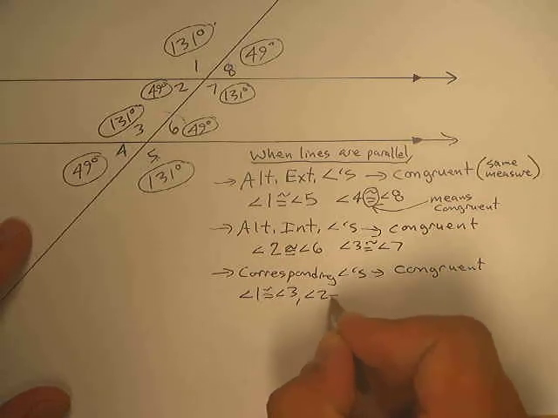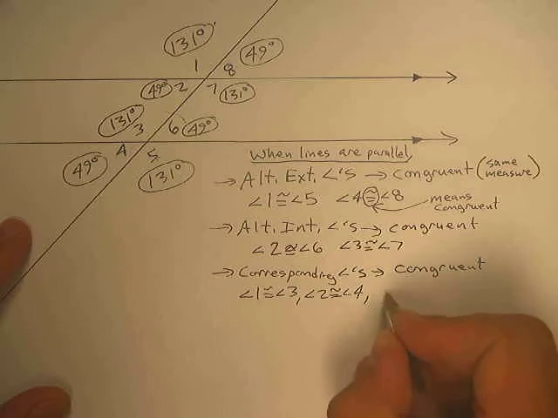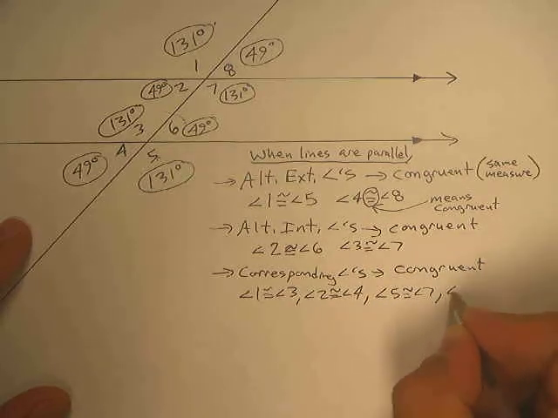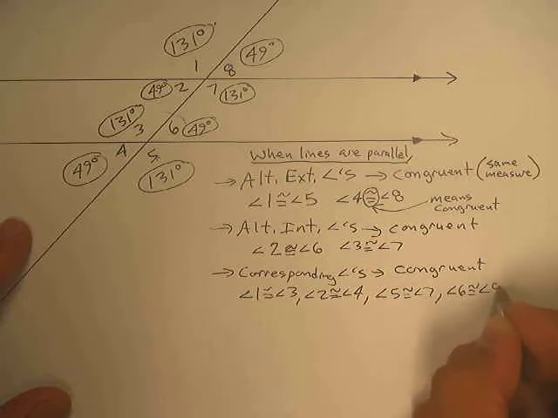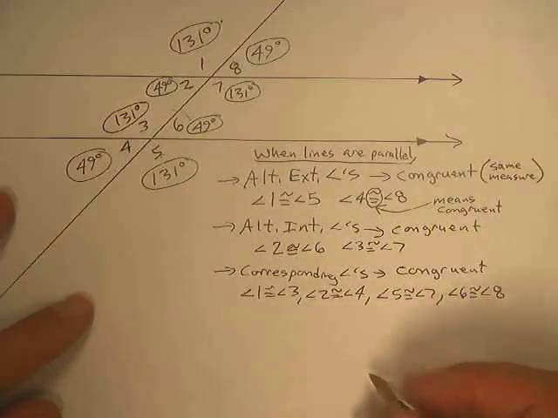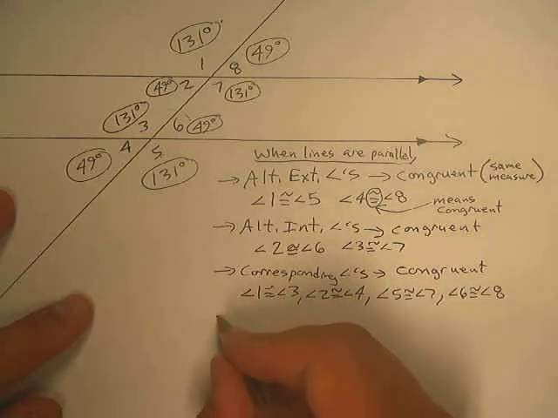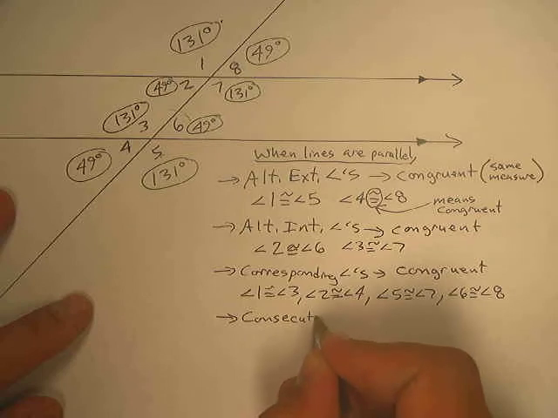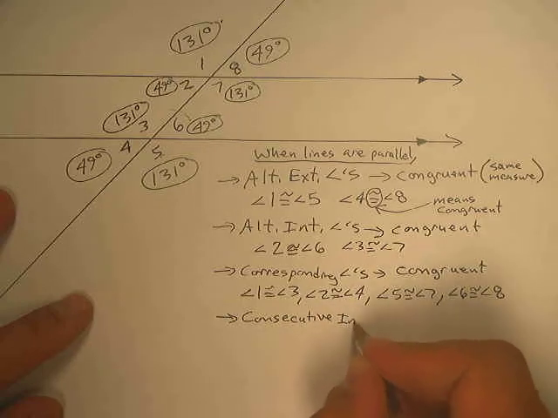They're all congruent. So angle 1 is congruent to angle 3. Angle 2 is congruent to angle 4. Angle 5 is congruent to angle 7. And angle 6 is congruent to angle 8.